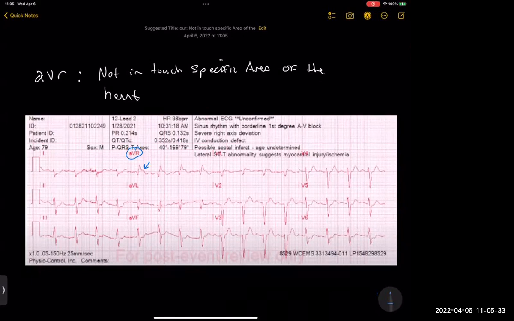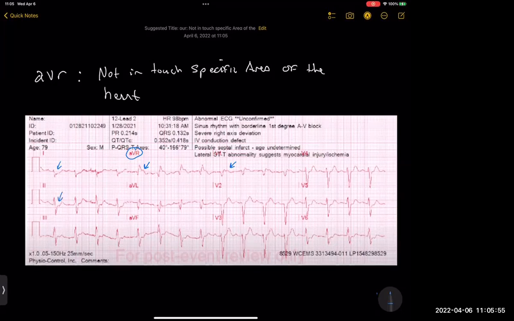And then if you look over in your V leads, you have just some super subtle changes. Really subtle stuff going on in V1 there. And you do have a little bit of depression maybe here in 1 and 2.